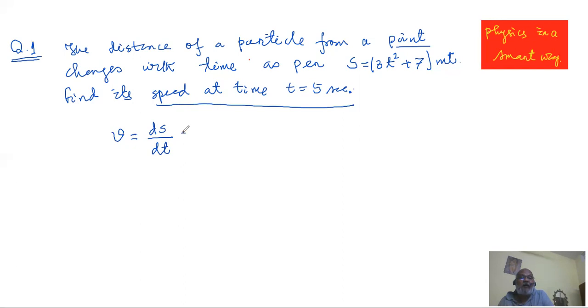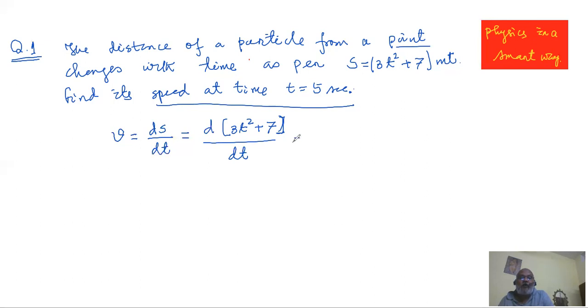If you apply that, we clearly see s is a function of time, that is 3t square plus 7, so v equals d of (3t square plus 7) by dt. Within the differentiation sign or within our bracket, we clearly see the terms present there are 3t square plus 7. They are separate, they are not connected to each other, but combinedly they are present in our function, but they do not depend upon each other.